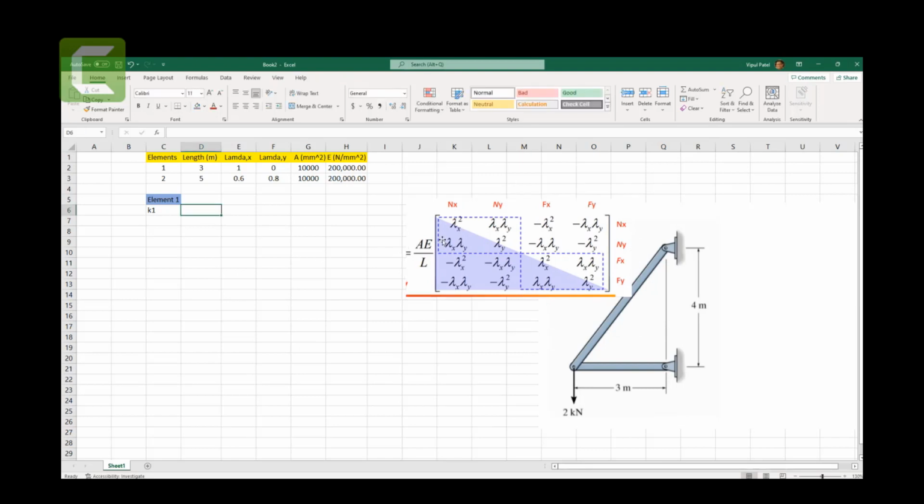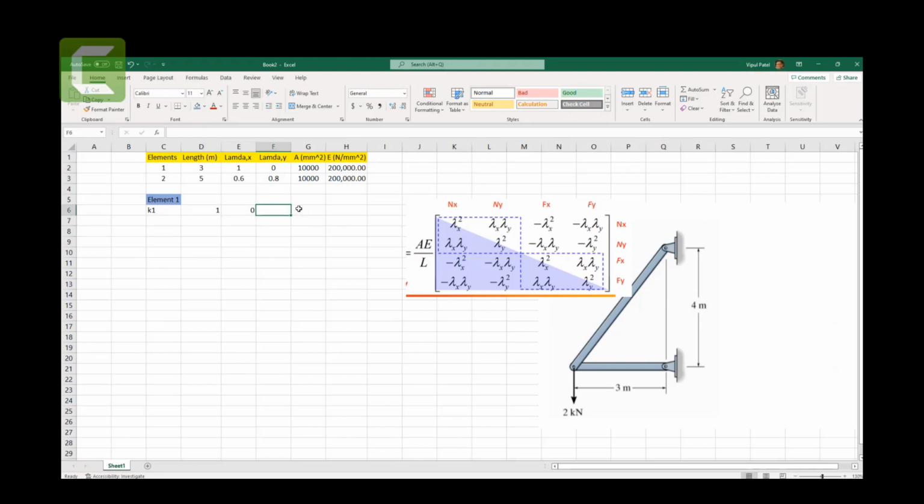In K1, we have lambda x and lambda y and so on. So in K1, if you remember, the first entry is lambda x square. Enter. Then this is lambda x times lambda y. Lambda x times lambda y. Bang, done.